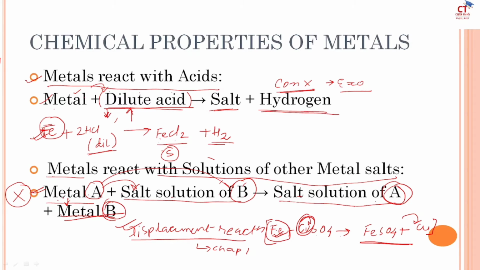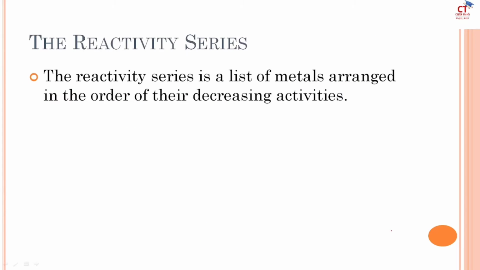Because Fe is more reactive as compared to copper. We will learn about the reactivity series in the coming slide. Okay, we will say this is a displacement reaction because the Fe has completely replaced the copper from copper solution and transformed into FeSO4, and the copper is left alone as Cu. Let's move forward.